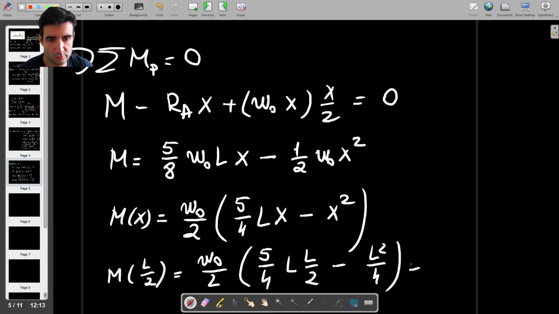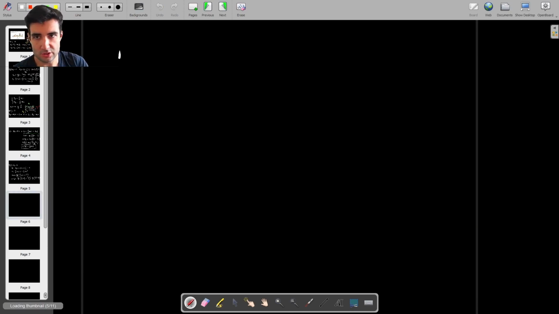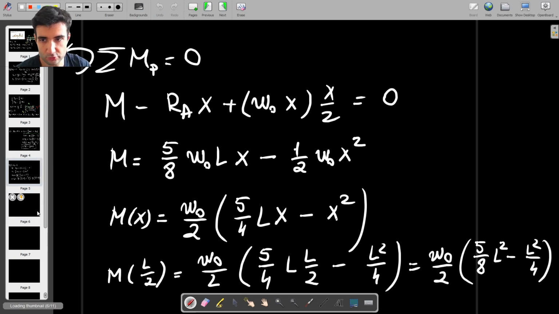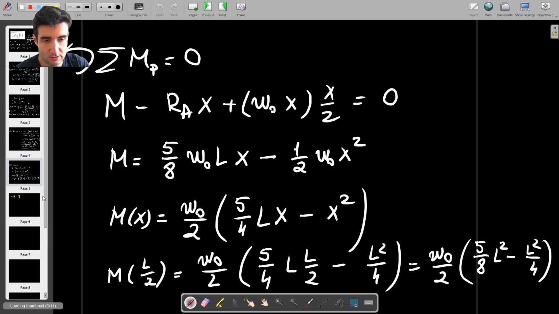So this is going to be equal to W naught over 2, and then in the brackets, we can't actually simplify anything, but we have 5 over 8 L squared minus L squared over 4.